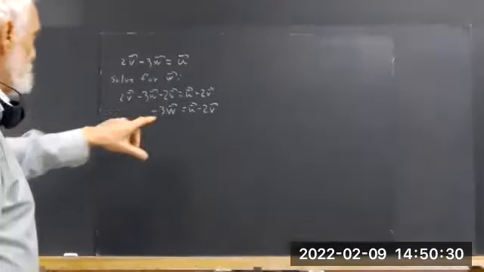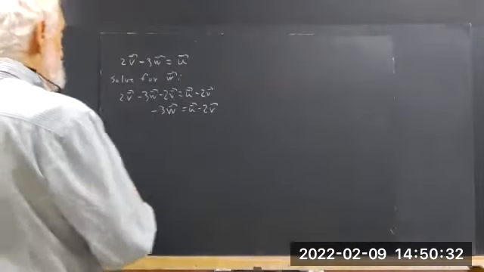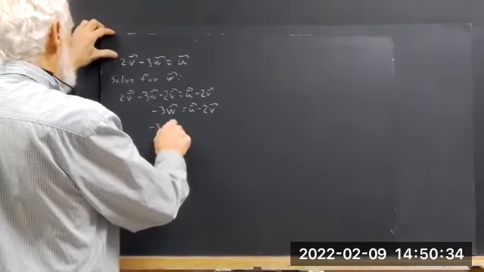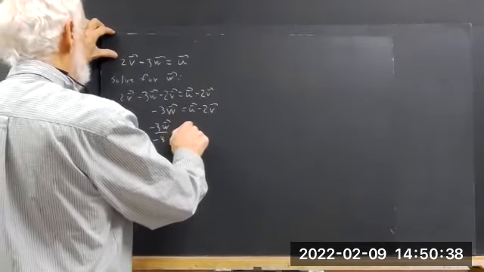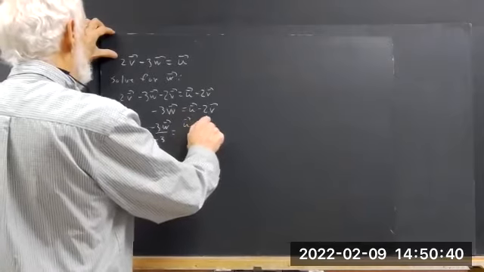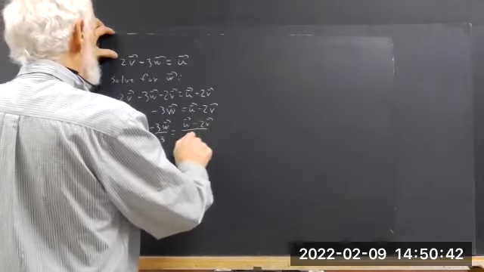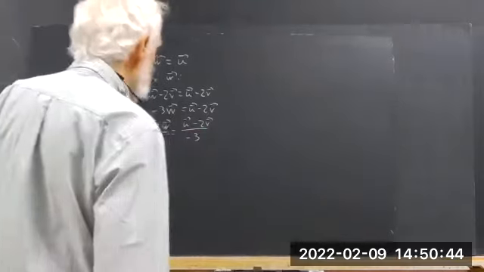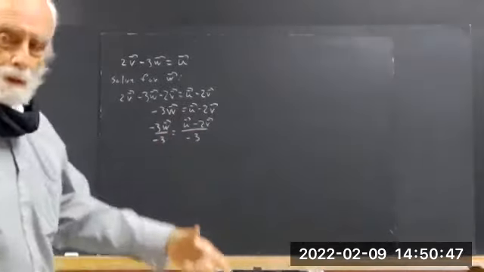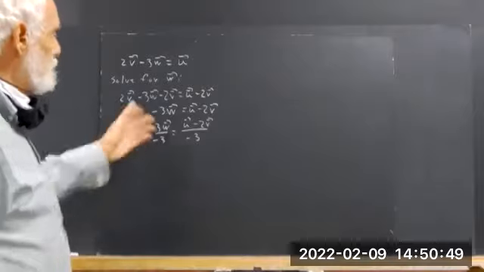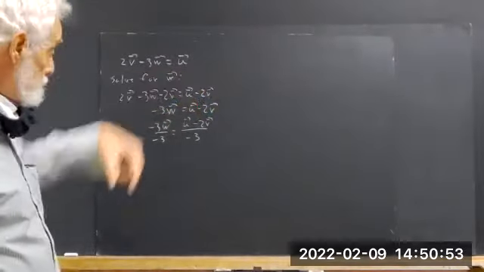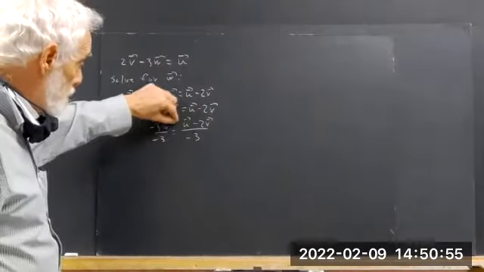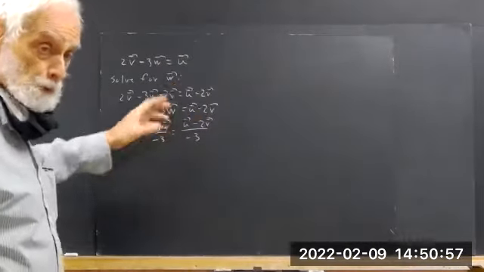And now we can divide by negative 3. So negative 3W over negative 3 equals U minus 2V over negative 3. Since scalar multiplication distributes over addition, this is an addition of U and negative 2V, and this is a scalar multiplication of this thing by negative 1/3.